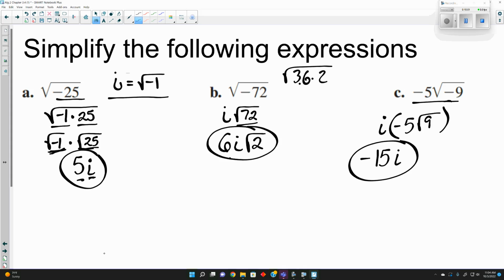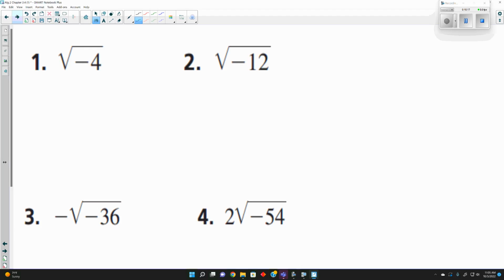So if it works out that it is a perfect square like 9 is, the graphing calculator will do it just fine. But if it's not, it's going to give us a decimal, so we'll end up having to use the yellow calculator anyways. So for the most part, for simplifying these radicals, it's almost easier to just pull the negative out as i, and plug it into the yellow calculator.